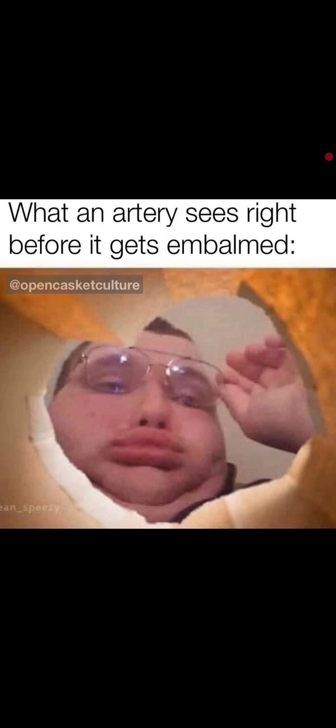Arterial tube, a tube used to inject embalming fluid into the blood vascular system. Arteriosclerosis, the term applied to a number of pathological conditions causing a thickening, hardening, and loss of elasticity of the walls of the arteries.